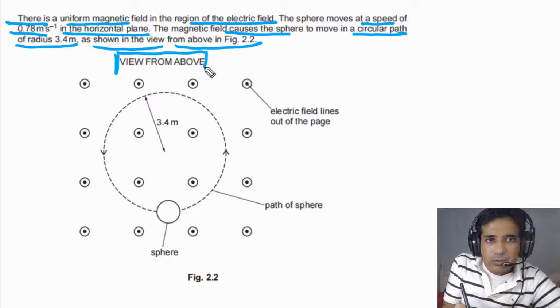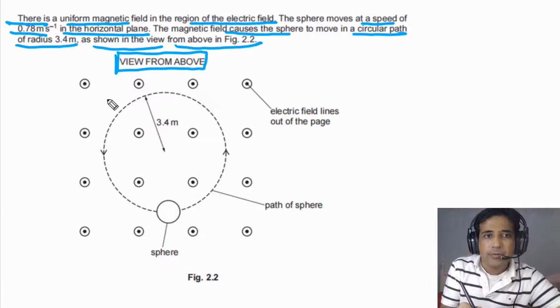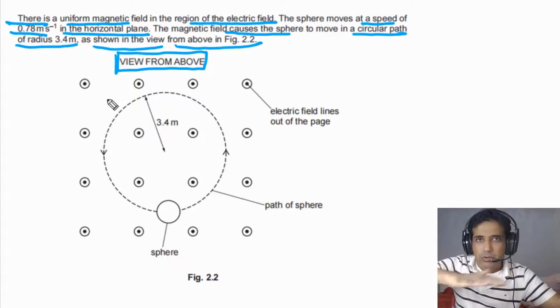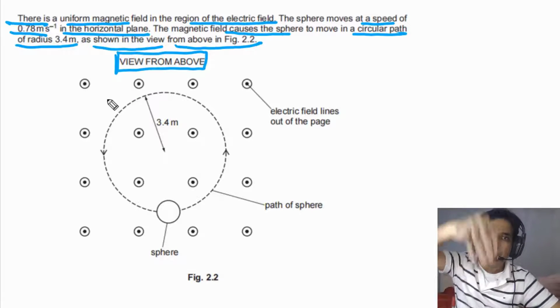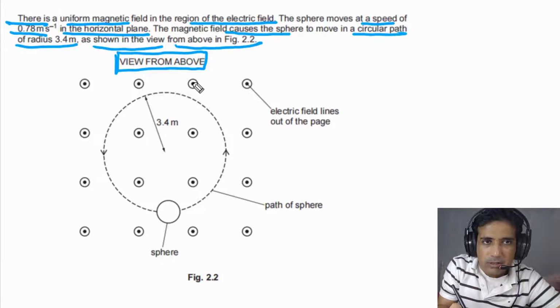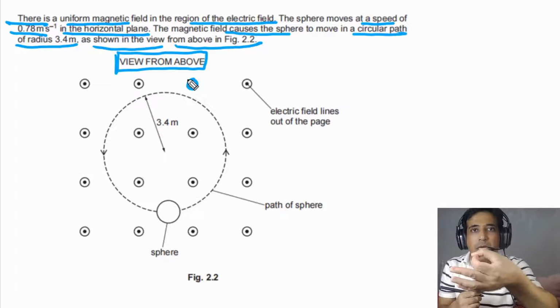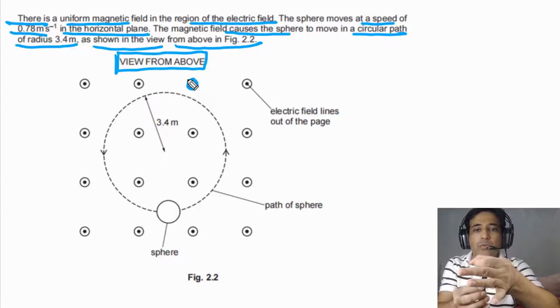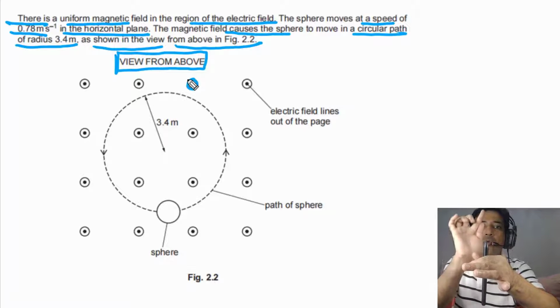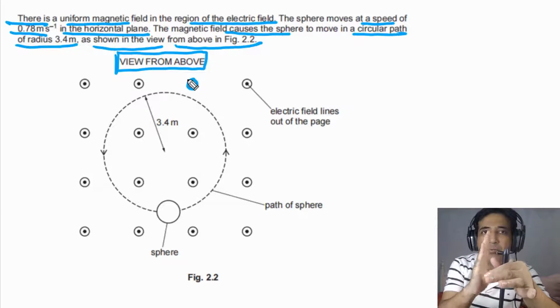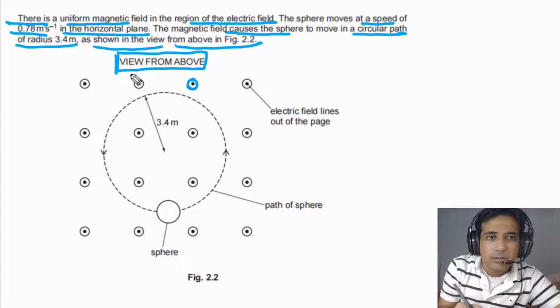So this view is from above. Means if you look at this horizontal plane from above, what we will see is electric field lines out of the page. Imagine that this is the horizontal circle. As you can see, this is the circle, so we can rotate. This is horizontal now. So we are looking from above. So we will see electric field lines out of the page, and electric field lines are vertically upwards. So this is what is given to us.